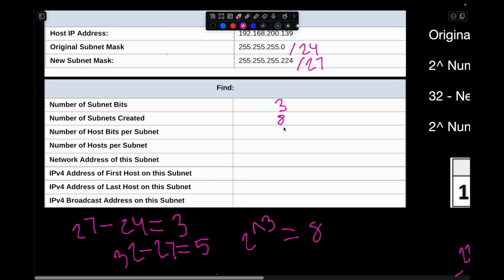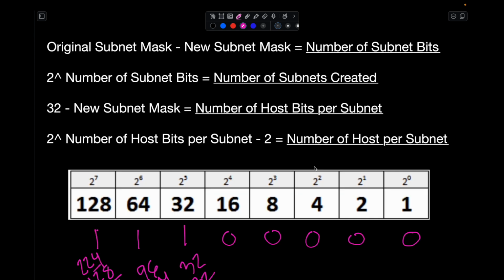Okay, so for this one it's going to be 5. We're trying to figure out the number of usable hosts per subnet. It's 2, because we're in binary, to the power of the number of host bits, which is the one we just got. And we subtract 2 because we already have 2 IP addresses that are dedicated, which are the network address and the broadcast address.